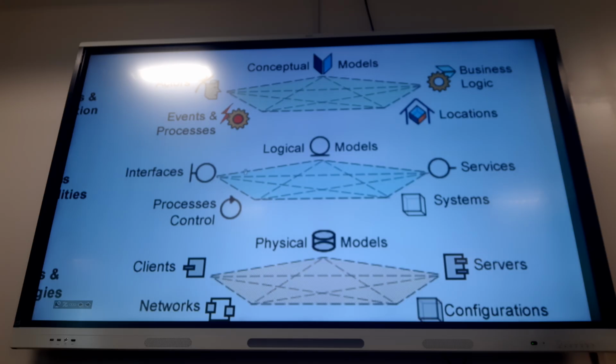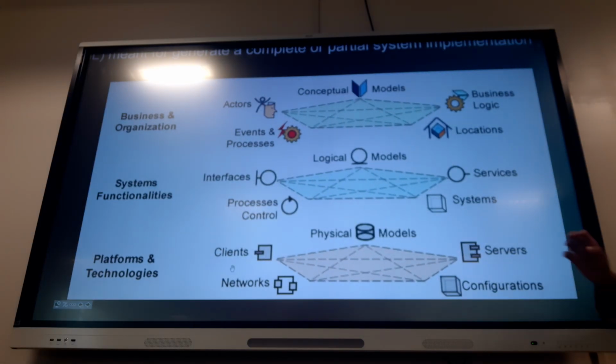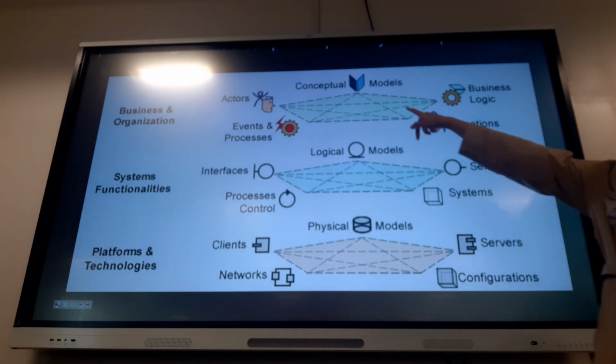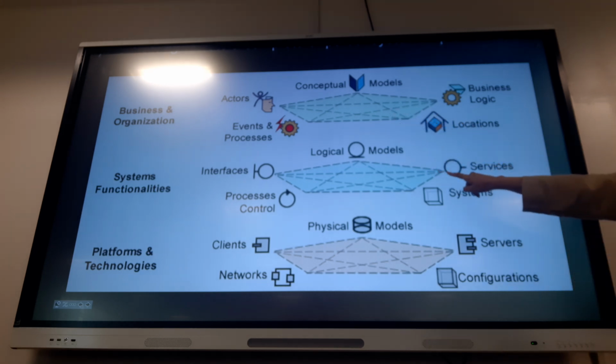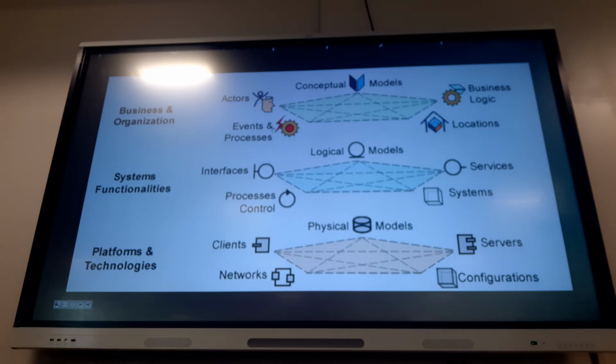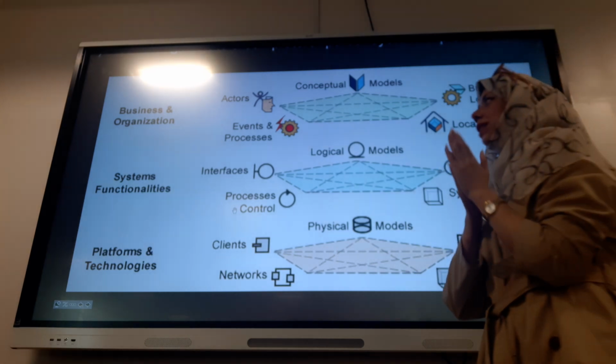To start off, we can classify this into 3 layers: conceptual layer, logical layer, and physical layer. So what's the conceptual layer? Here we have actors. Who are the actors? Stakeholders. Excellent. End users, right? All right, so here we have business and organization.